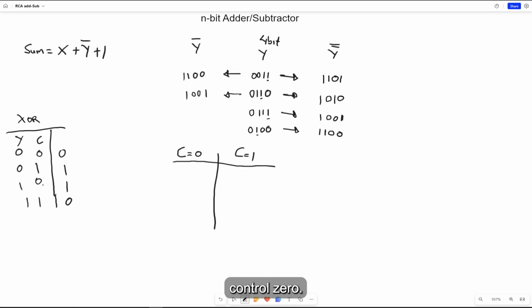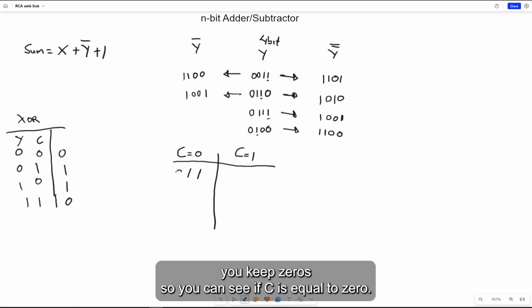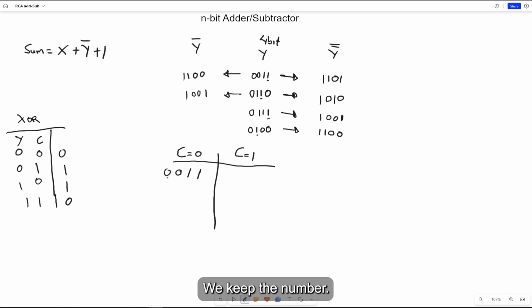Since the controller is 0, we always have 1, and then 1, controller is 0, you keep the 1 again. So you can see if you have a 0 and the controller is 0, you keep zeros. So if C is equal to 0, we keep the number.